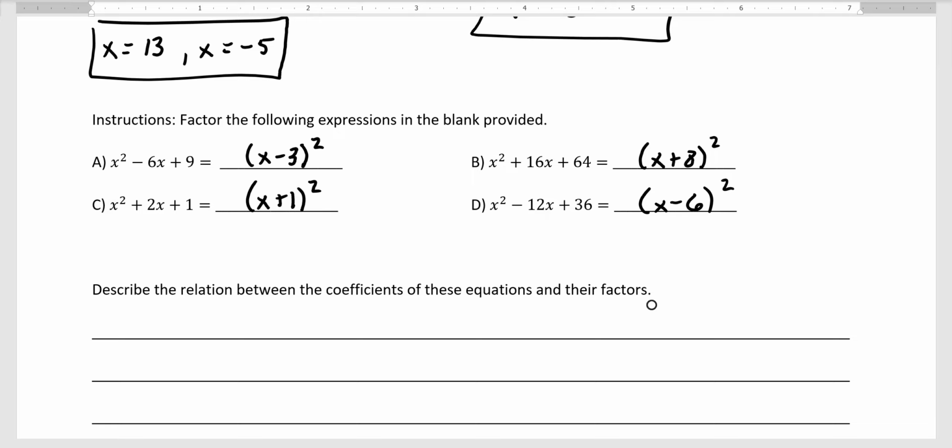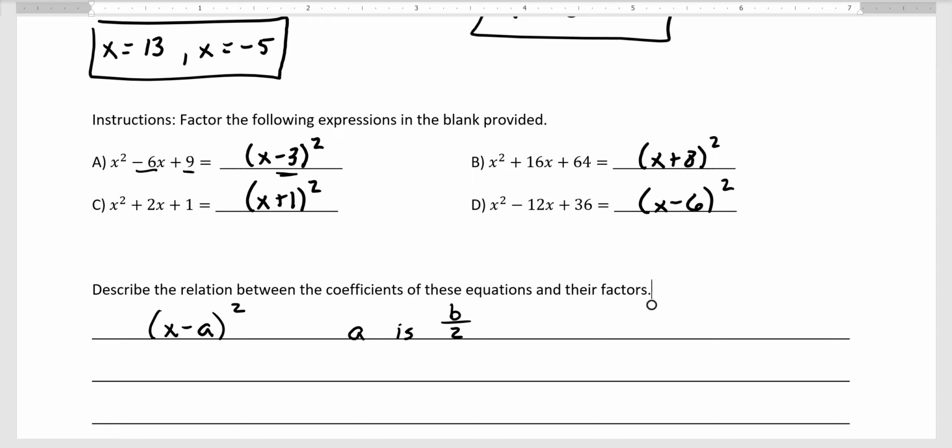So, look at the relation between the coefficients of these equations, like negative 6 and 9, and the value in the factor, negative 3. So, let's say I have x minus a squared. A is just a value, okay? So, a is b divided by 2. Do we see that?